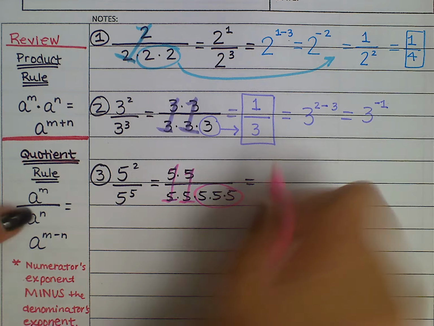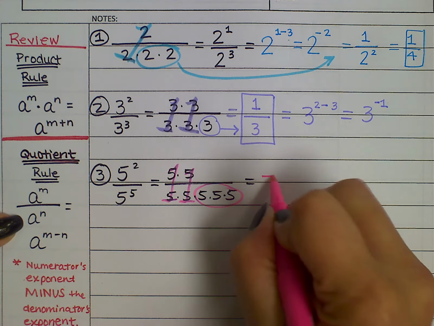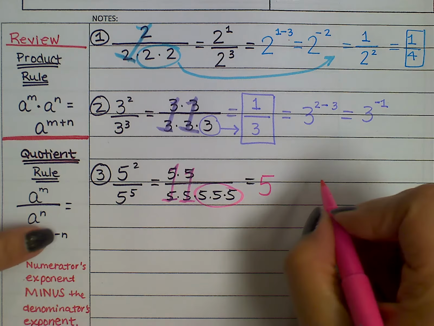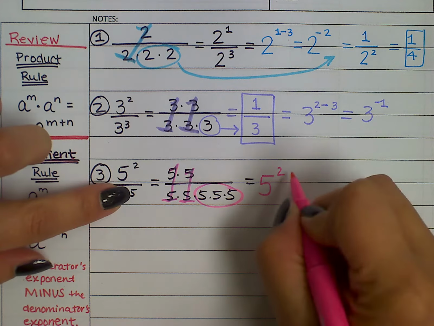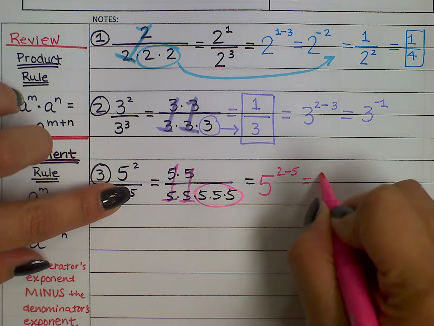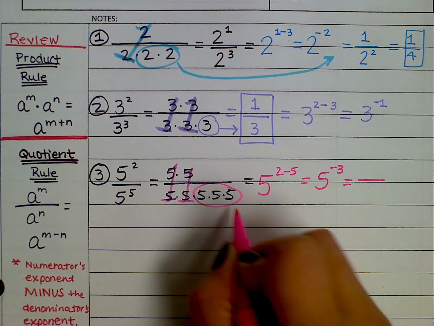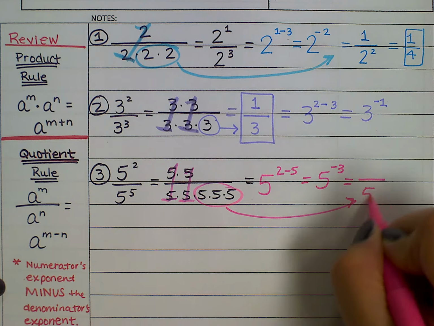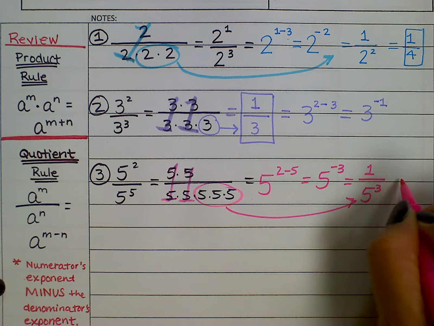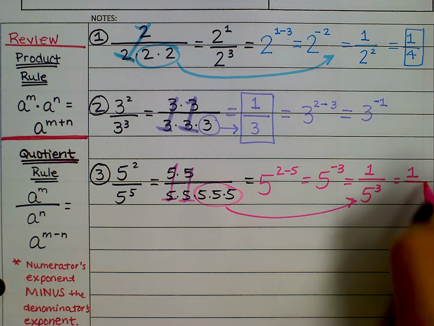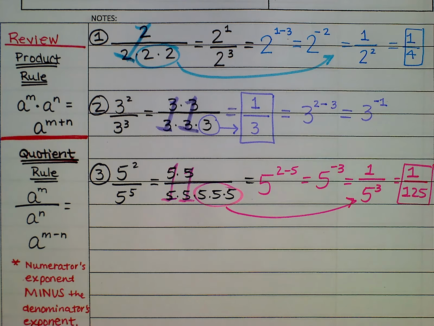And that says I have all the same base, so 5 to the power of 2 minus 5, that gives me 5 to the power of negative 3. Now, what you guys told me is I have 3 5s in the bottom, which is the same as 1 over 125.